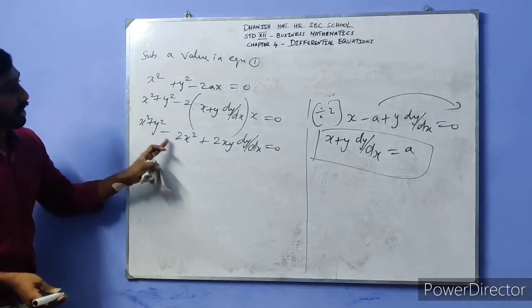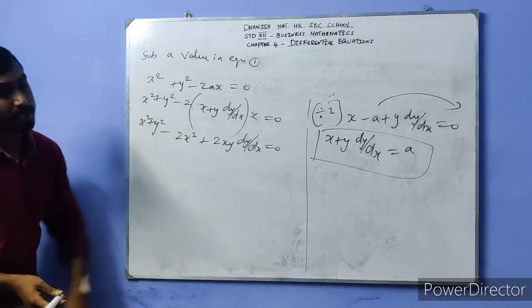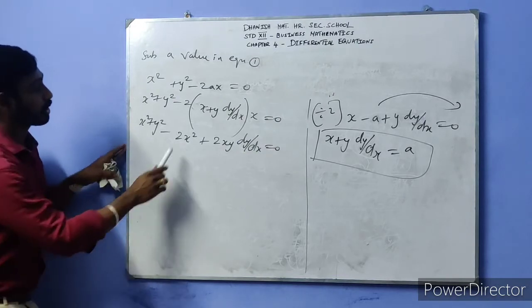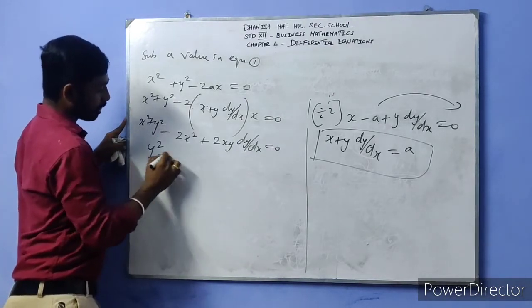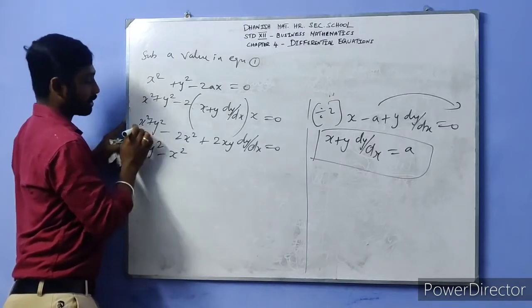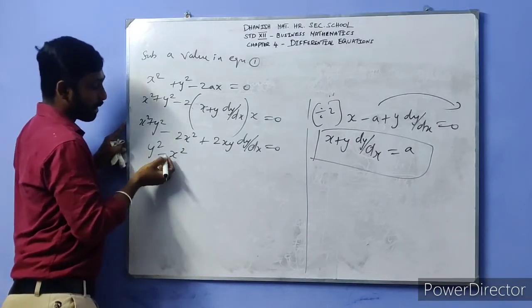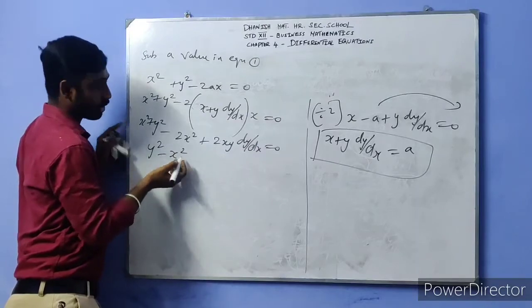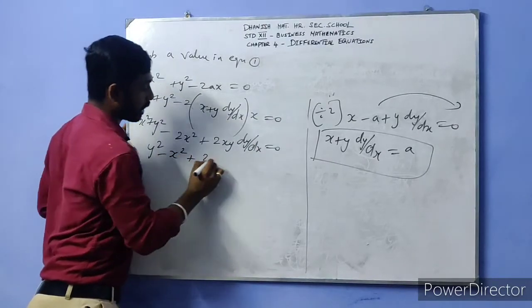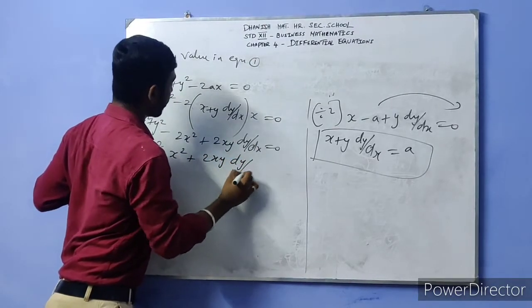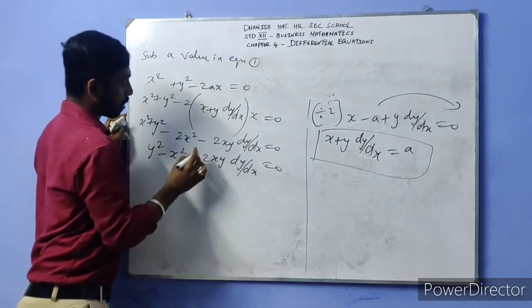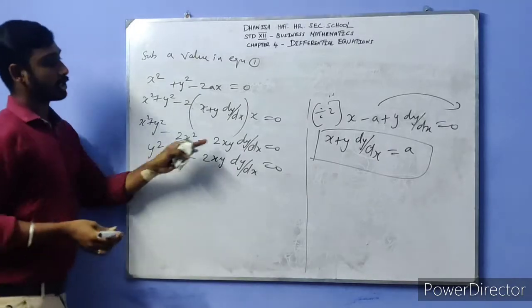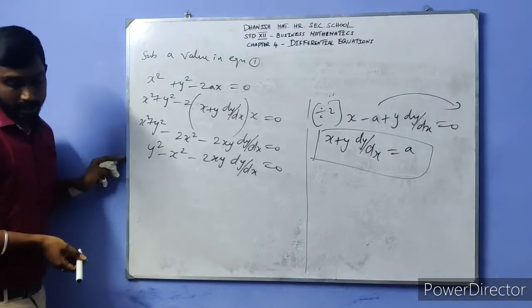Simplifying, y square minus x square minus 2xy dy divided by dx equal to 0.